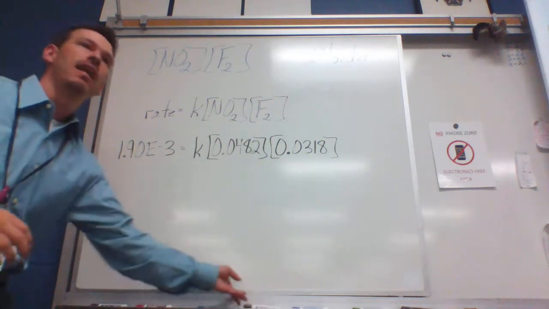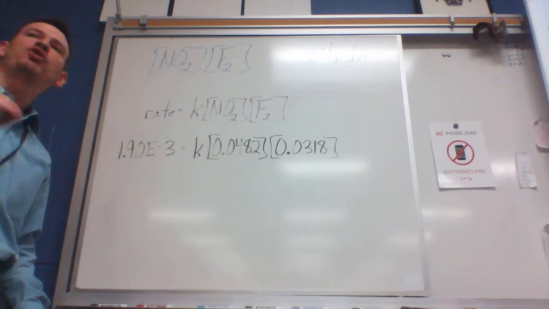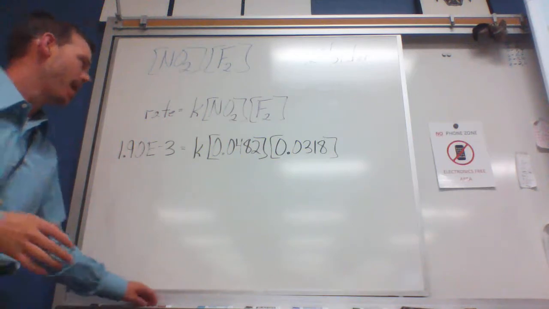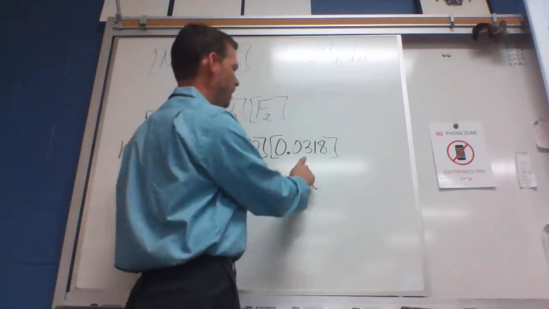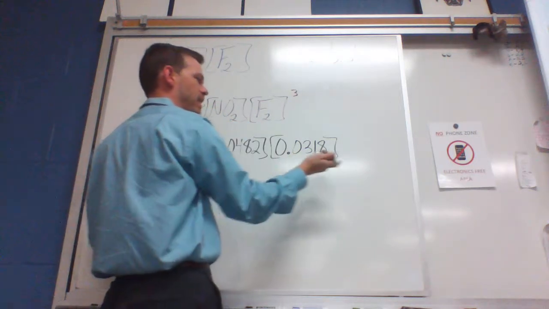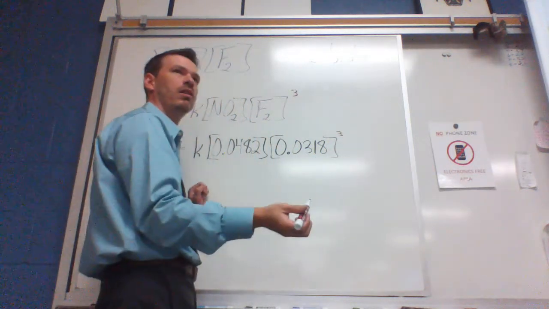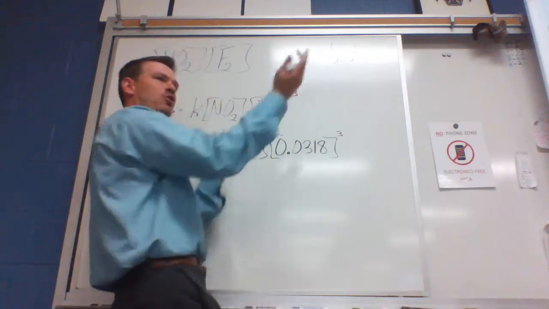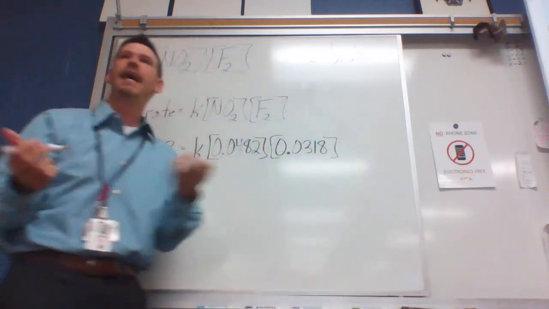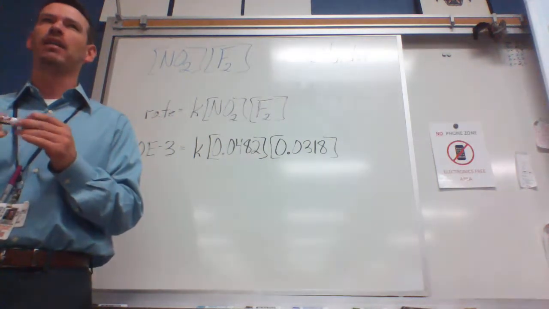Keep in mind that if these were not both first order, there would be exponents there. But again, that shouldn't stretch your mind. Like, don't write this, but if you would have found F2 to be to the third order, well, then this number would be cubed. So you'd cube the number and then just do the other math. That's not the case here, but keep in mind that that's how it would be run mathematically.